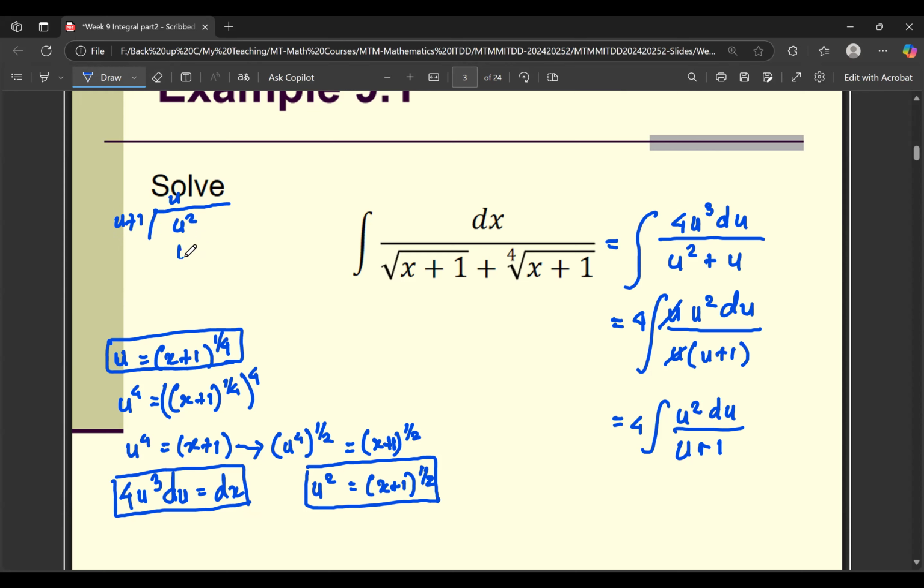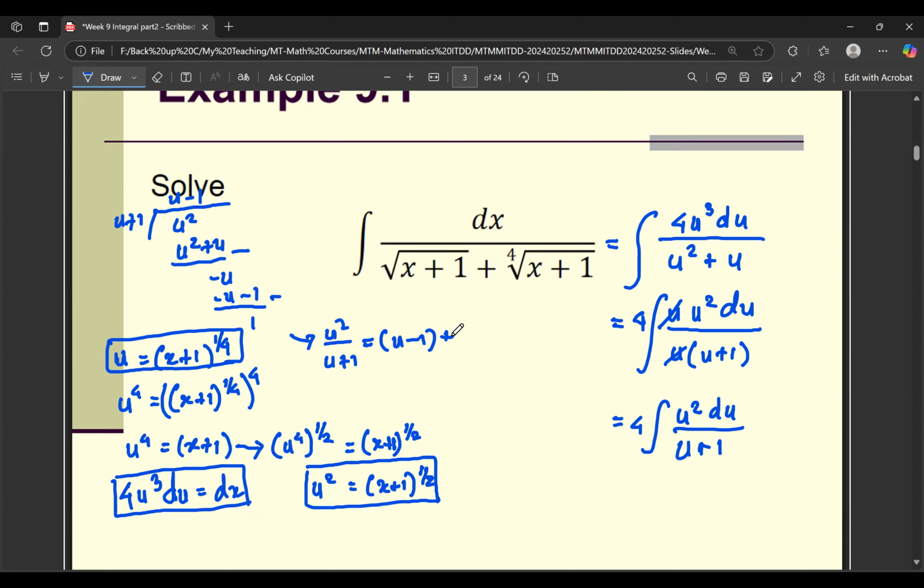So we have u square plus u here, and subtract it. We have minus u, and then we must multiply by minus 1. So we have minus u minus 1. Then we subtract again. We have 1. So the result of u square divided by u plus 1 will be u minus 1.